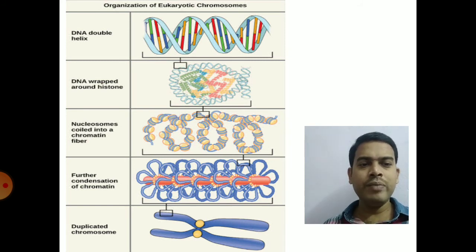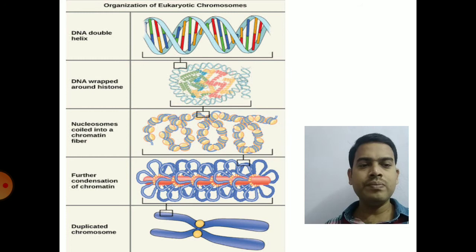Because of its phosphodiester bonding, DNA will have a negative charge. Phosphoric acid groups have a negative charge, so the entire DNA molecule has a negative charge. This DNA will be wrapped around positively charged histones to form nucleosomes. We will see the structure of nucleosome in the next slide.